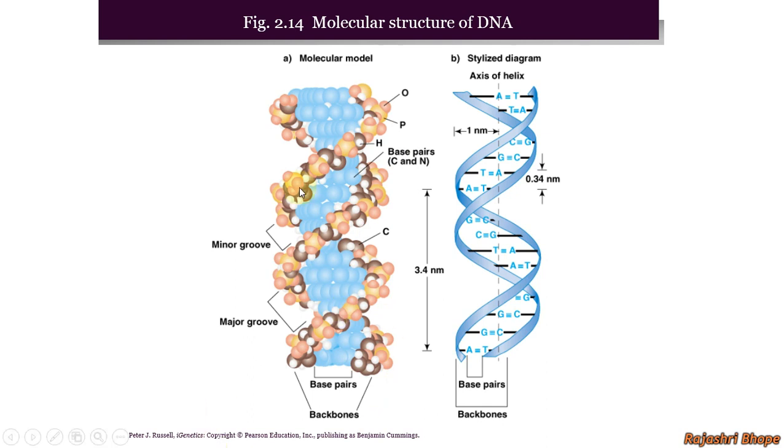Now here you can see the molecular structure of the DNA. These are the 2 strands of the DNA coiled around one another. Each turn consists of 10 base pairs. Here the angle of rotation is higher, so it is the major groove. Here the angle of rotation is lower, so this is the minor groove.